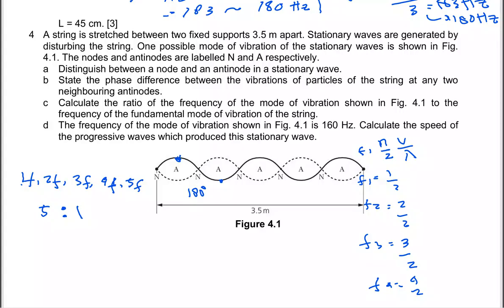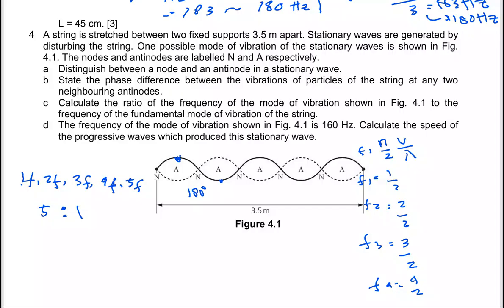Last question, calculate the speed. This loop happens at a frequency of 160 hertz and the length of the string is 3.5 meters. Calculate the speed. Okay, so we must find the wavelength here.